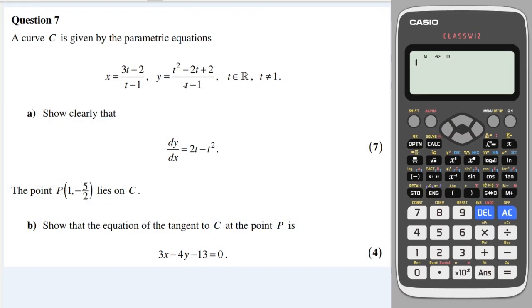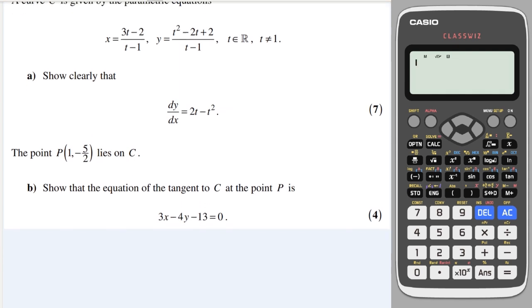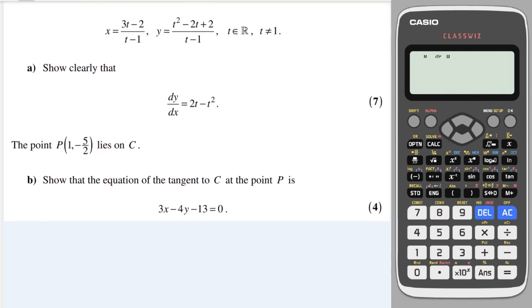Okay, we've got two parametric equations, and it says show clearly that dy by dx is equal to 2t minus t squared. So we are going to have to differentiate each of these, and I will start by differentiating the y first. So dy by dt, I'm going to have to use the quotient rule here.